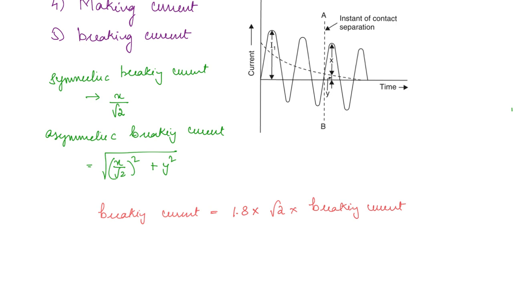But if it is given separately in the question, you can take that, and often they might mention it as doubling effect. That means the peak of the initial current is almost twice the normal fault current. In that case, you will take this factor as 2. Otherwise, if nothing is mentioned, just take this value.